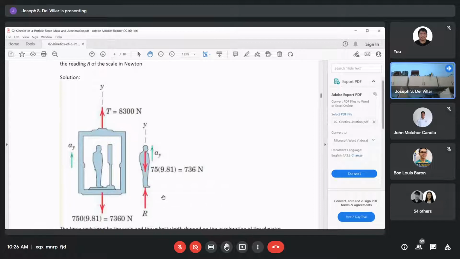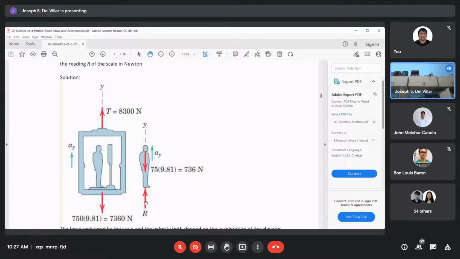Okay? So that's why it was shown here on a separate FBD that it's only the man standing on the scale. No? So kapag may weight yung man, then the scale should exert an upward but equal force opposite in direction to the weight of the man. Okay?